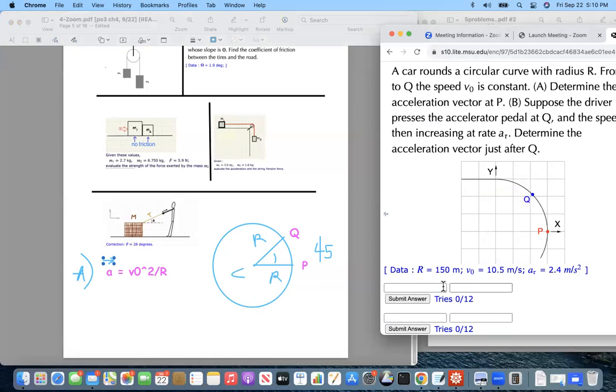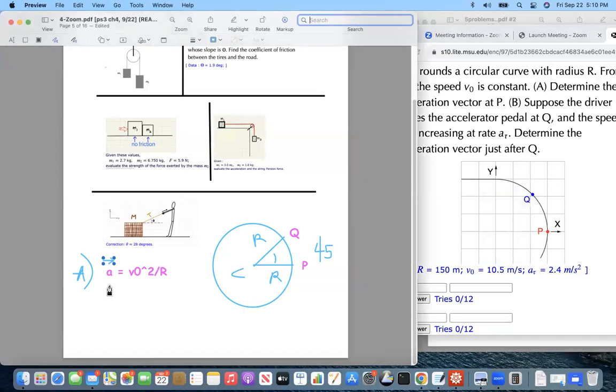So let's do the x and y components. a sub x is negative v0 squared over r.